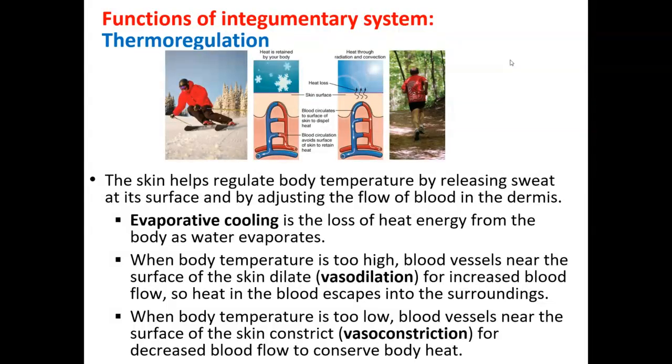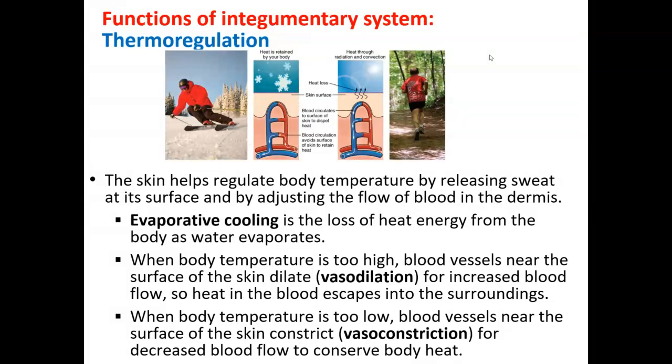Also, when we're hot, our body temperature starts to rise. The blood vessels near the skin dilate, they get bigger to increase the blood flow near the surface of our bodies to allow more of the heat in the blood to escape into the surrounding environment to help cool us down.